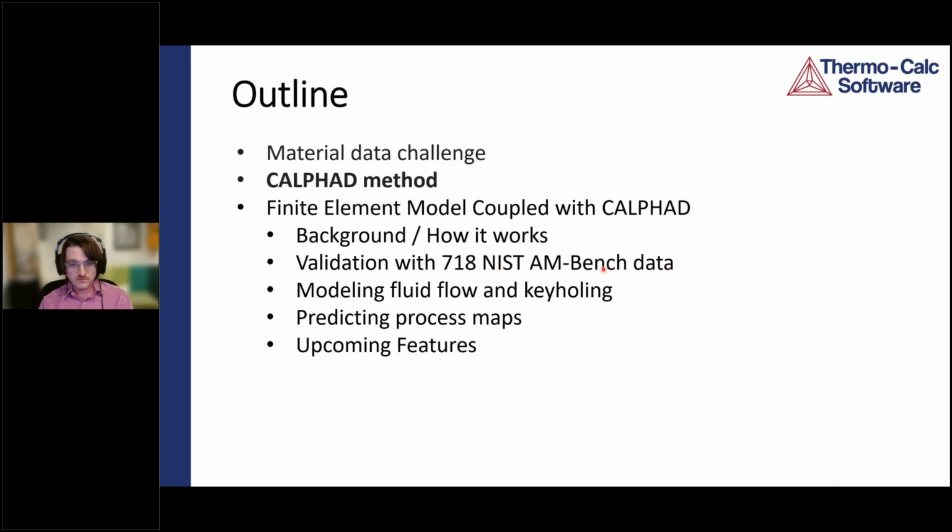And we'll talk about some of the modifications that we've made in our software to handle fluid flow and keyholing phenomenon, and then culminating with predicting process maps, which is ultimately the end goal of simulating these kinds of laser powder bed additive manufacturing processes. We want to be able to simulate the melt pool dimensions and then predict a process map where we can say, hey, here's a good place where we should do our processing.